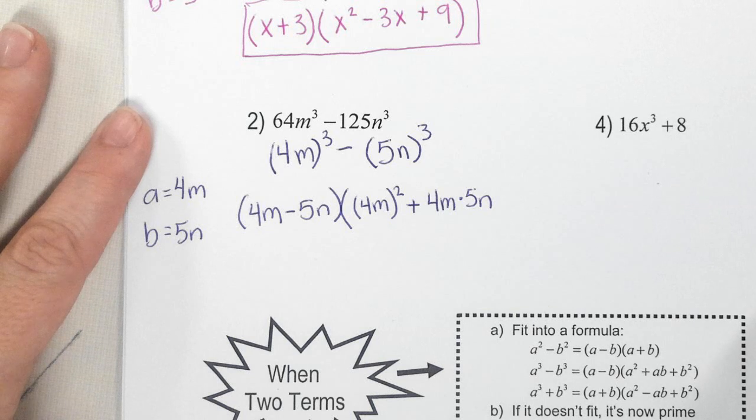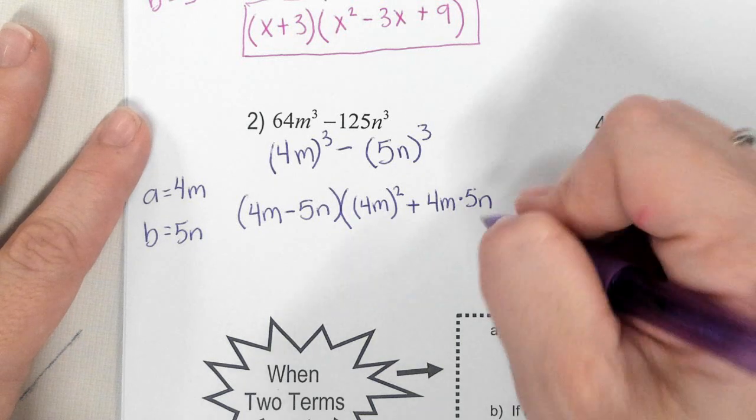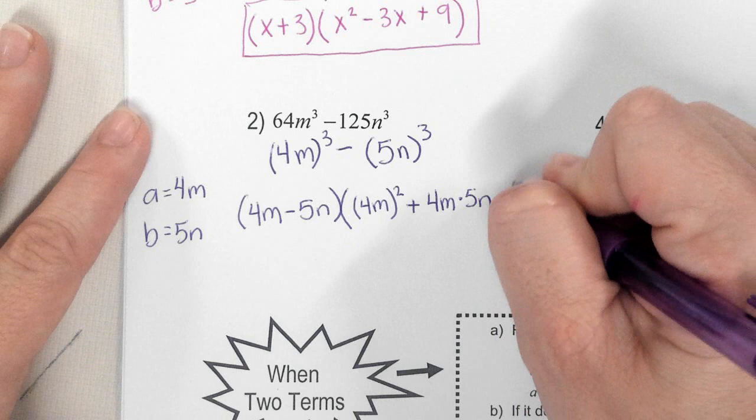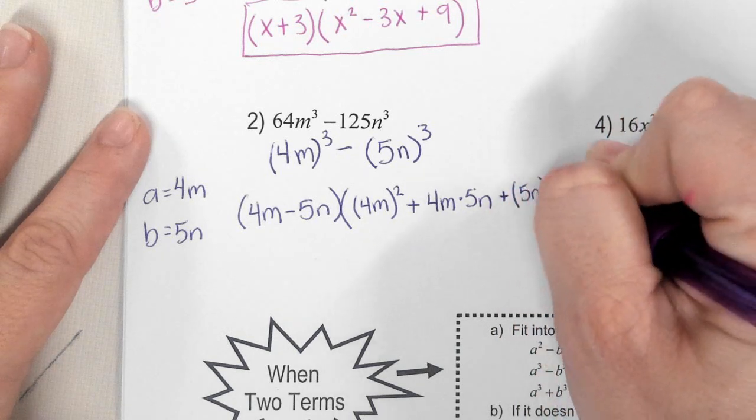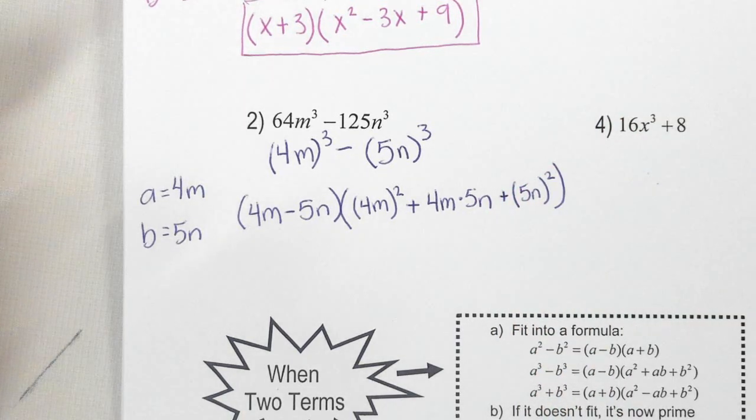Always positive, B, so 5n squared. So all I've done is plug in my formula, yes? Everybody okay with that?